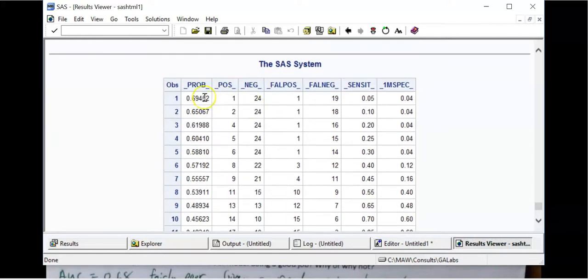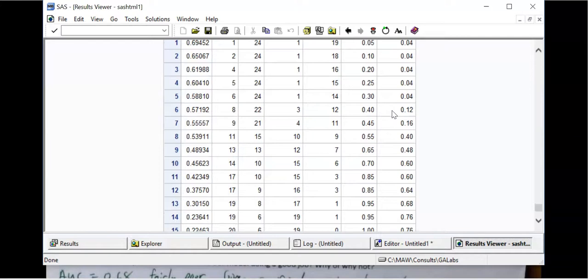And you can see that for each predicted probability, it calculates the number of positives using that predicted probability and the number of negatives, and it uses that to calculate the false positive rate, the false negative rate, the sensitivity, 1 minus specificity, and of course these are the things that get plotted, sensitivity and 1 minus specificity.